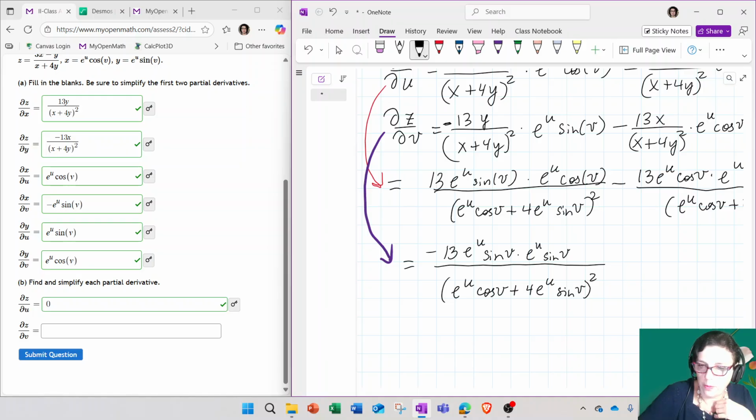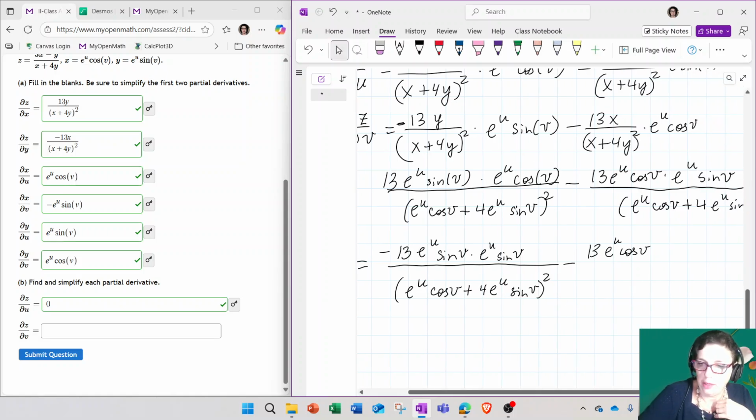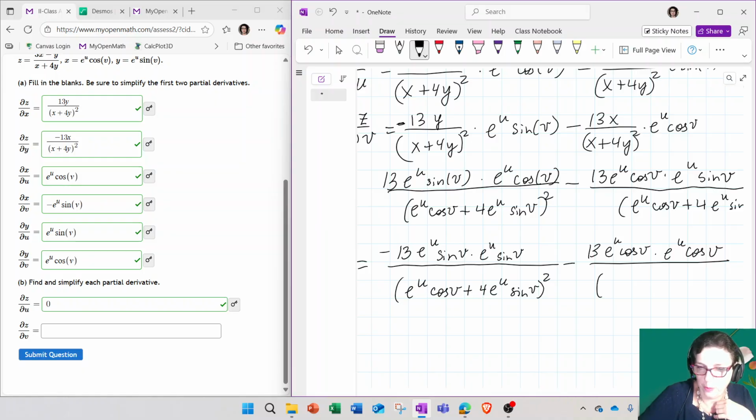And then we have minus 13x, and x was e to the u cosine v, multiplied by e to the u cosine v. The bottom is the same: e to the u cosine v plus 4 e to the u sine v, squared. I'm missing a 4 in there.